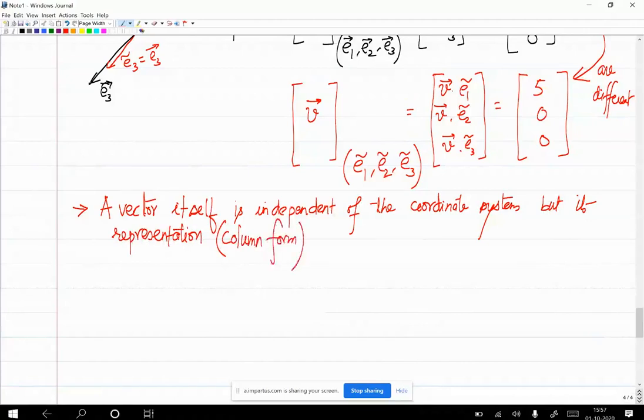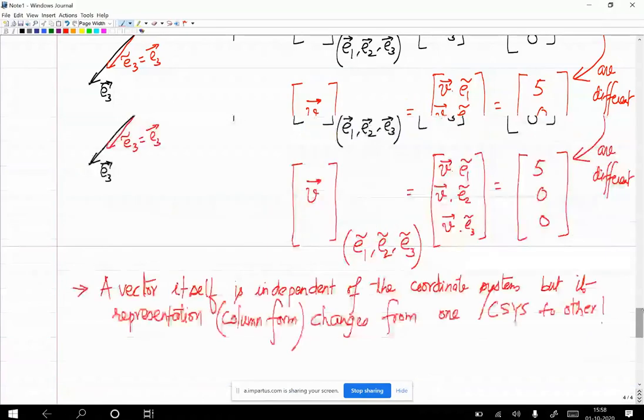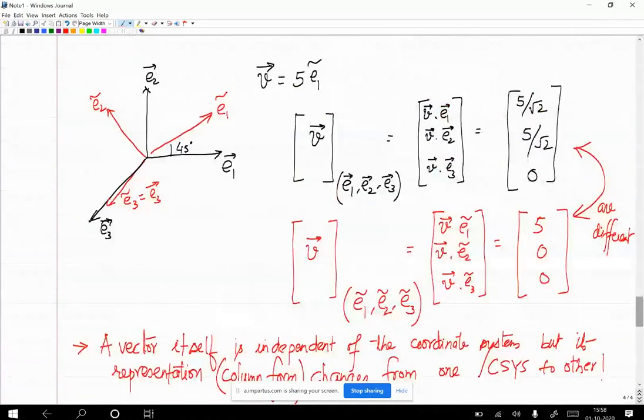So in the column, you have to write 3 entries, isn't it? So that's a representation. Okay, so I hope this point is very, very clear to you. So vector, of course, has got a magnitude and direction, but it is also independent of the coordinate system. But its column form changes from one coordinate system to the other coordinate system.